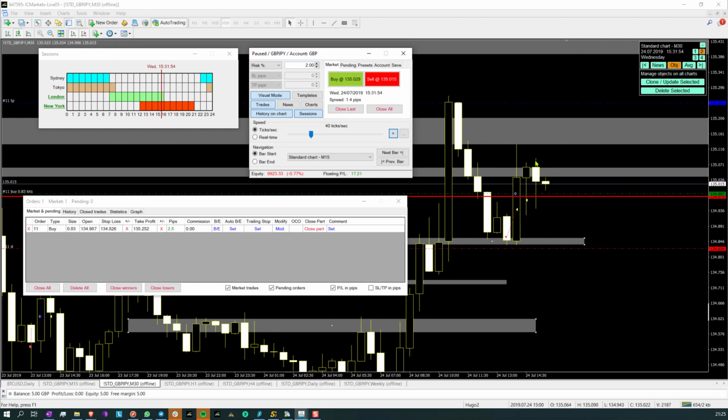And if we break this resistance area now, I'll take another trade. Okay, this is me taking another trade and breaking even this one.